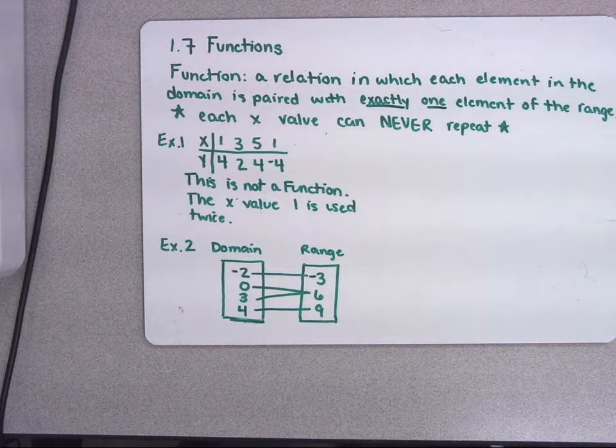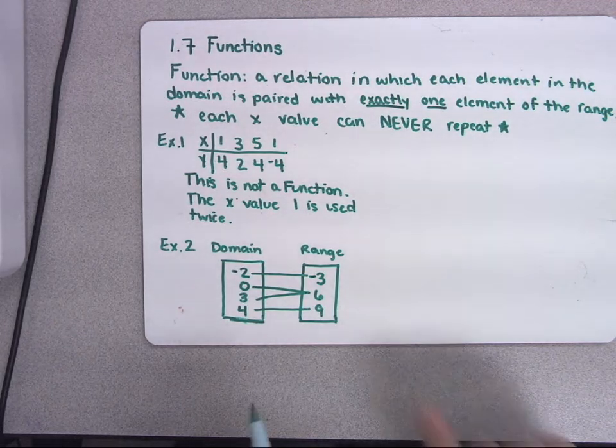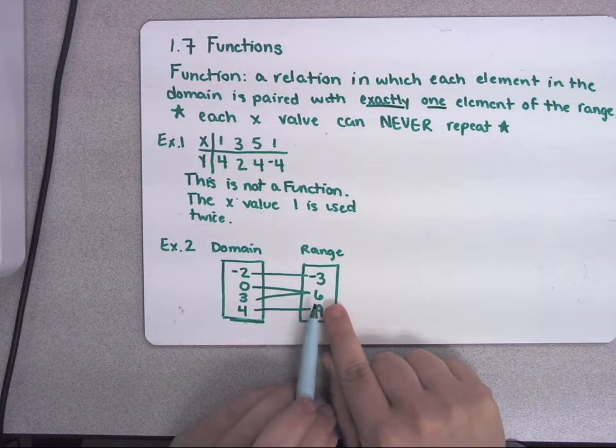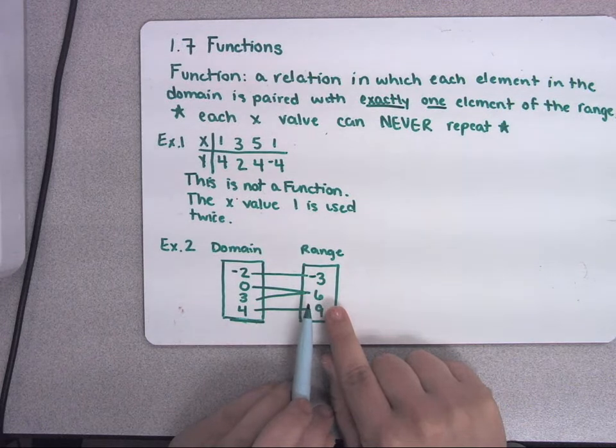No. How do you tell if it's used more than once? What would you see? Well, you can't see numbers actually repeat, because in maps we don't actually have numbers repeating. In maps, you'd have one number and two lines coming from it. Like in the range, you see how that 6 has 2 lines coming from it? That is a repeat, but since it's in my range, do I care about it?